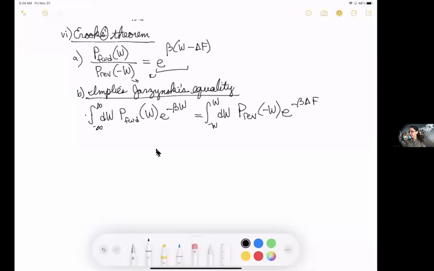The left-hand integral is, by definition, e to the negative beta W averaged. And in the right-hand side, this e to the negative beta delta F doesn't depend on W, so we can move it outside the integral. This integral equals 1 by the normalization of the probability density. So we have recovered Jarzynski's equality.